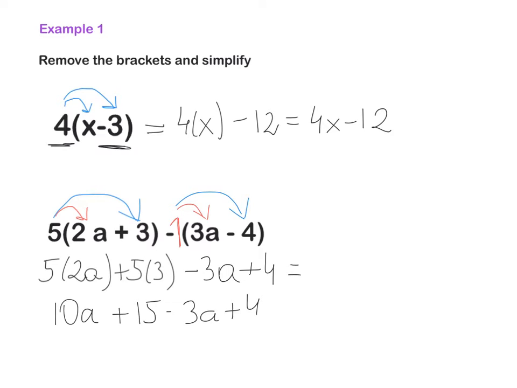This is another rule we've met. We need to group it. We can add apples to apples. So we have 10 apples minus 3 apples, and that gives us 7 apples. And then number and number: 15 plus 4 is 19. Okay, take it down, please.